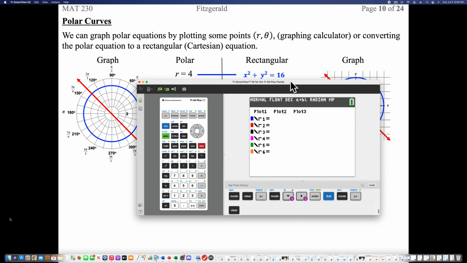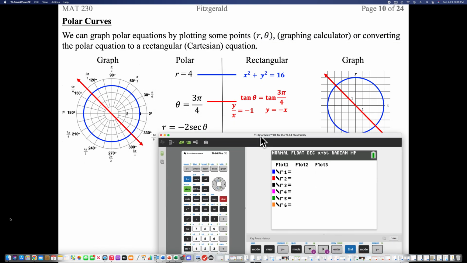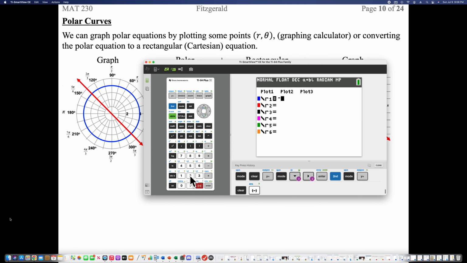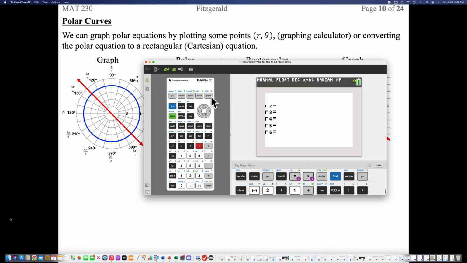R is my equation. It has to equal something. Okay, so I have to equal a -2 secant theta. Well, I don't have secant. Secant is 1 over cosine, so I can multiply this by 1 divided by cosine theta. And then I can graph it.